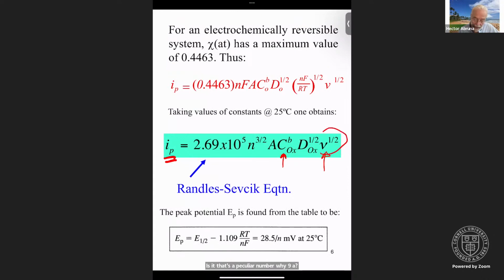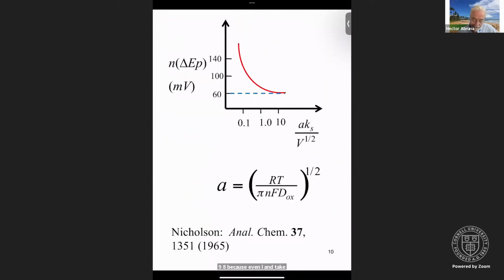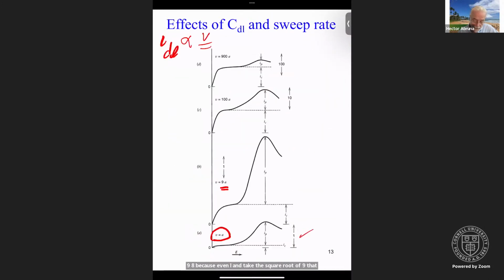Because even I can take the square root of 9. That would be 3, right? And so what that means is that your Faraday current increased by a factor of 3, but your background current increased by a factor of 9.